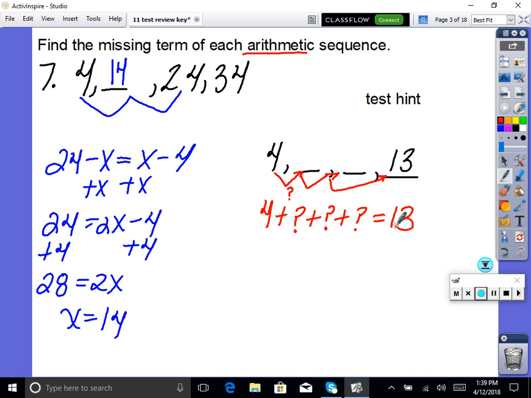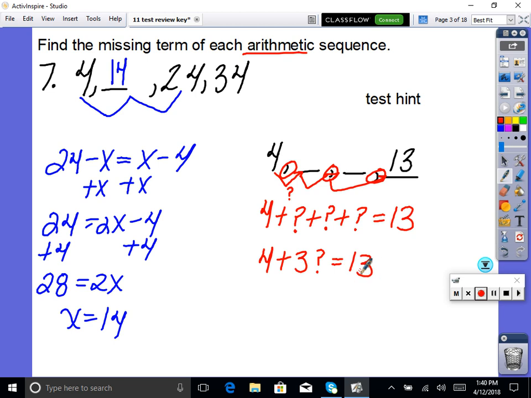One trick people have noticed is the number of commas is the number of question marks. Because it's arithmetic, it's plus. If it was geometric, we would have times signs here, but it's plus because it's arithmetic. So now we have 4, and then we have plus 3 question marks equals 13.